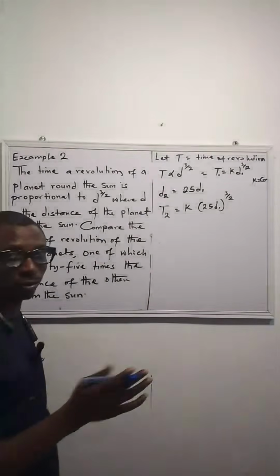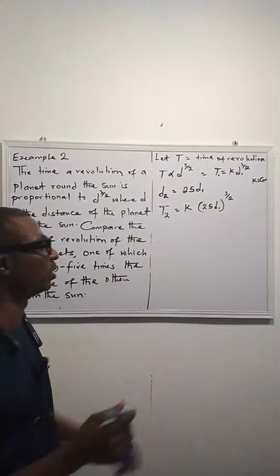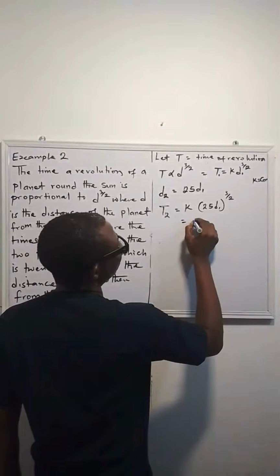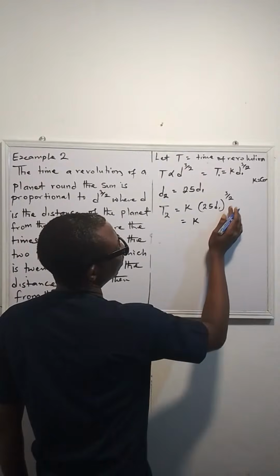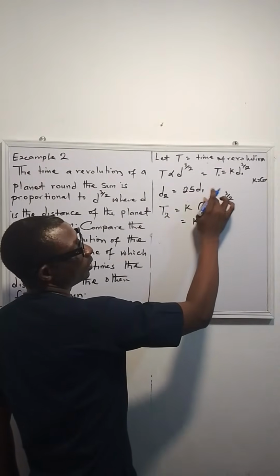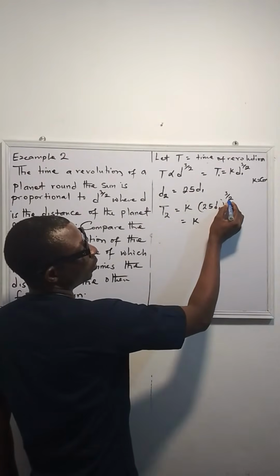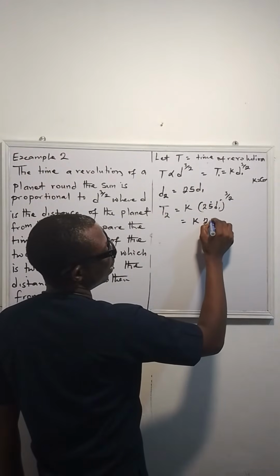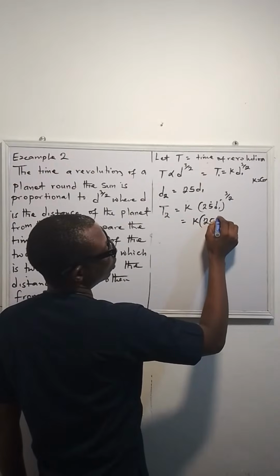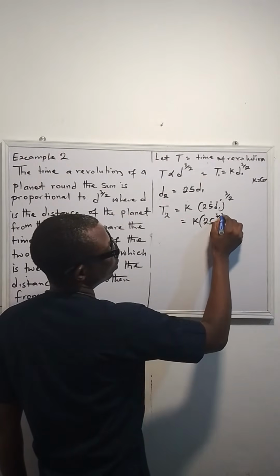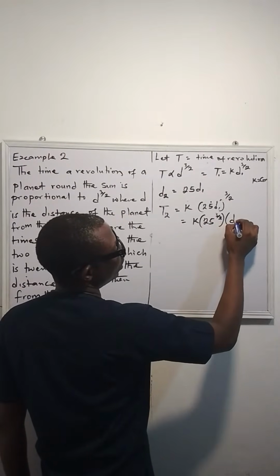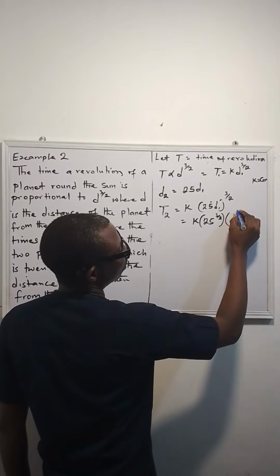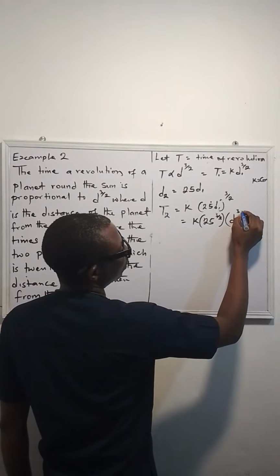Okay, so now let us do some small mathematics. Let's try and break this one down. This is the same thing as k, and the power applies to each of them, so we have 25 raised to the power of 3 over 2 and d1 raised to the power of 3 over 2.